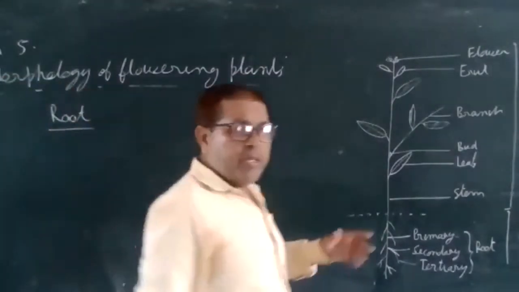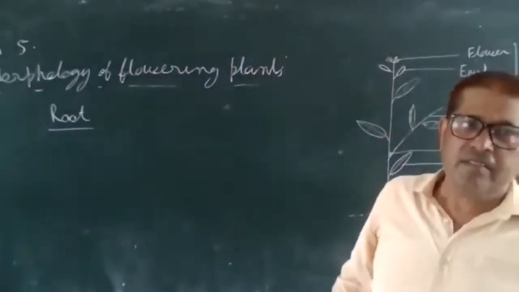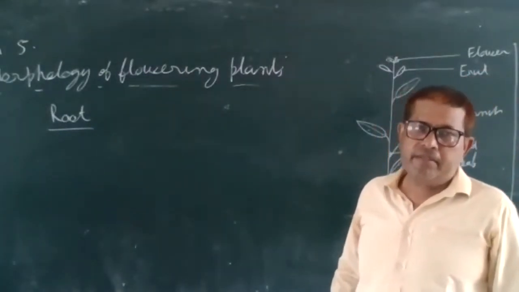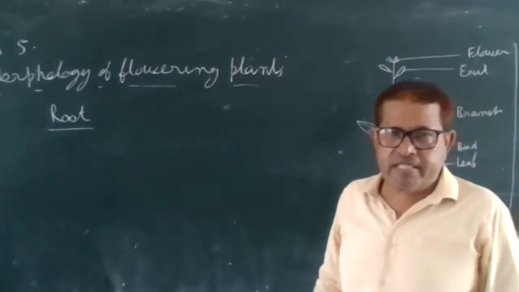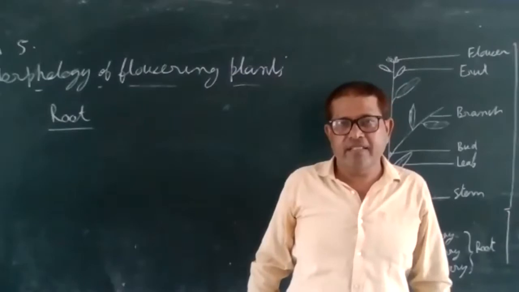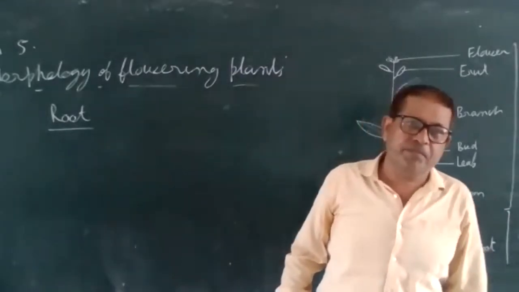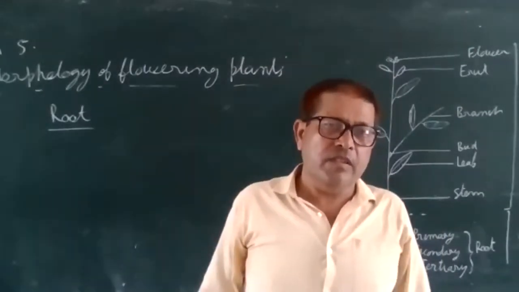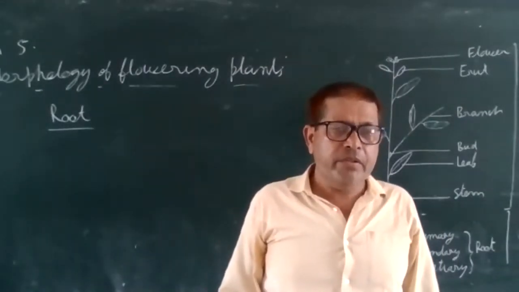You know the parts of the embryo: cotyledon, embryonal axis, and the embryonal axis consists of plumule and the radicle.